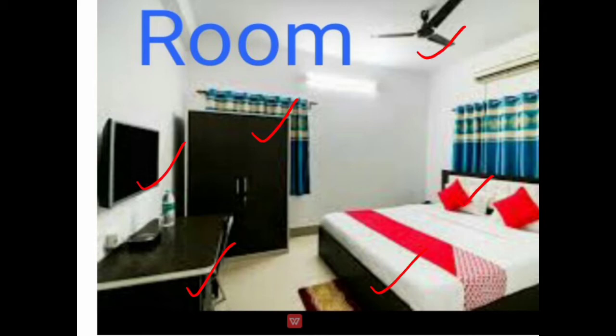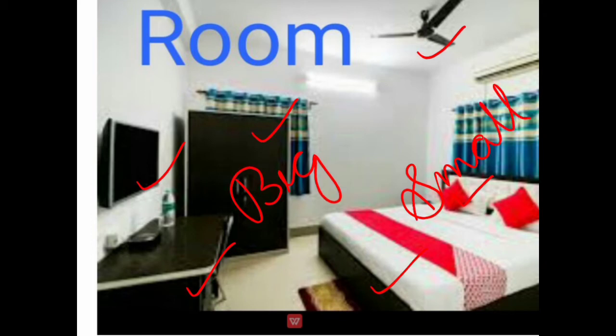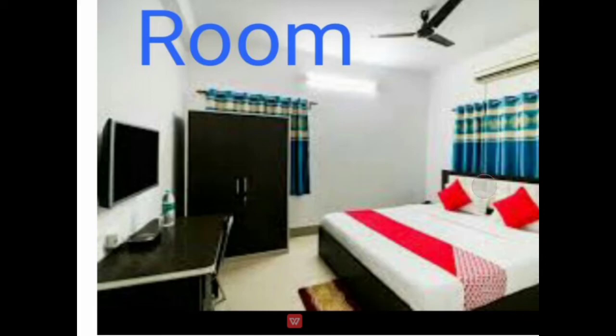Like this we can see different types of objects. Some objects are big in size, some objects are small in size. Big objects and small objects.